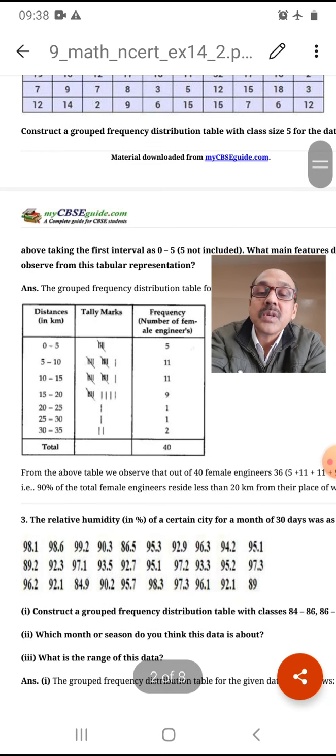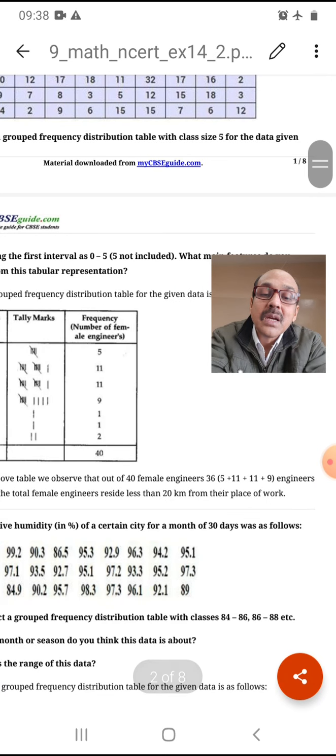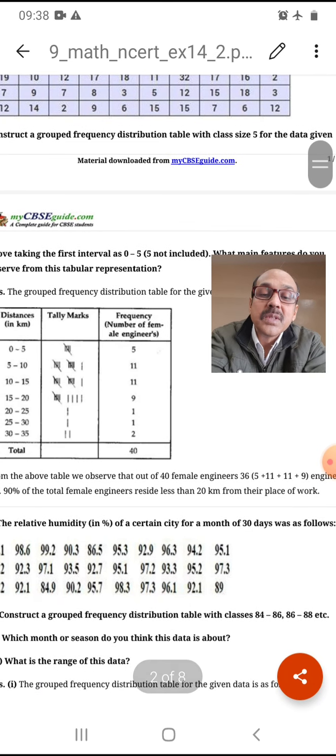So up to 15 to 20, that is 9, and after that 20 to 25 kilometer distance, one engineer is there. So less than 20 kilometer distance from their place of work, that is 36 engineers.